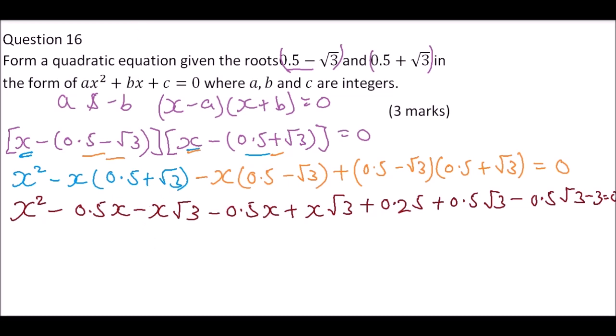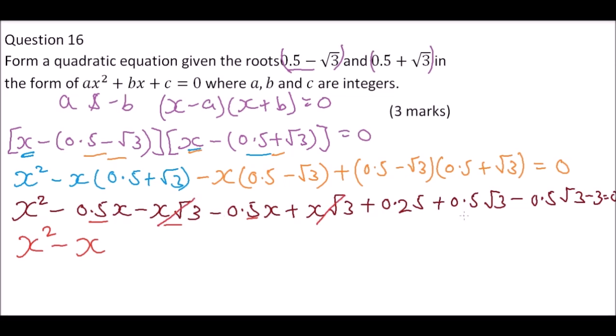So from there, we put the like terms together. We don't have any other x squared, so we have x squared. Minus 0.5x and minus 0.5x will give you minus x. Then we have minus x root 3 and plus x root 3, that disappears.